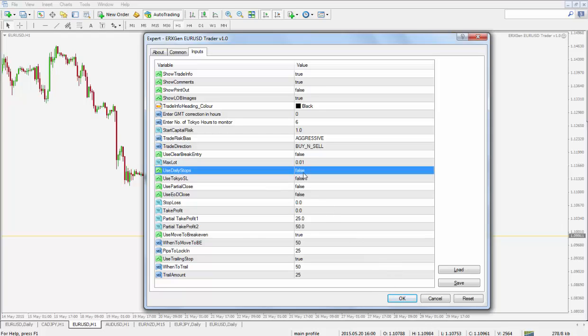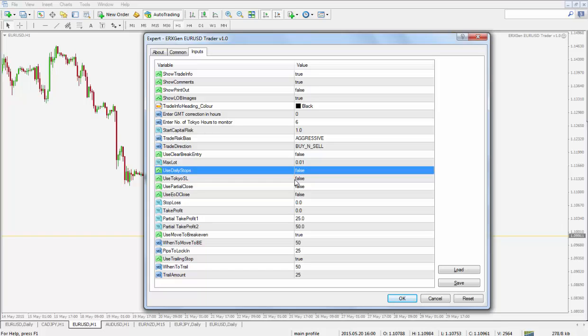Daily stops. This is a risk management or trade management setting where the stop loss is placed. For buy trades, the stop loss is placed below the low of the previous day, and for sell positions, the stop loss is placed a few pips above the high of the previous day.